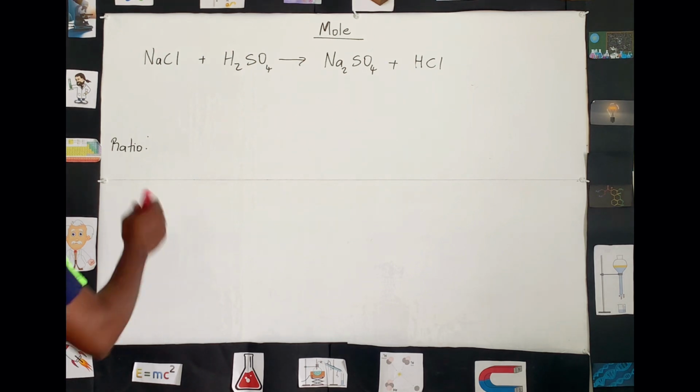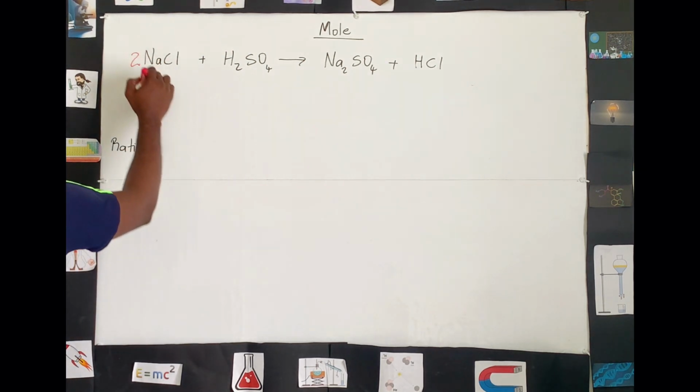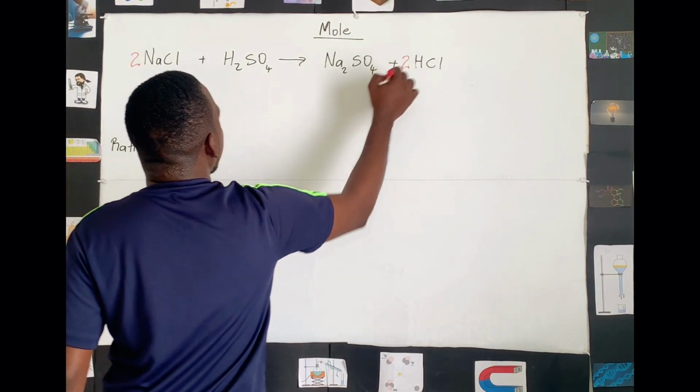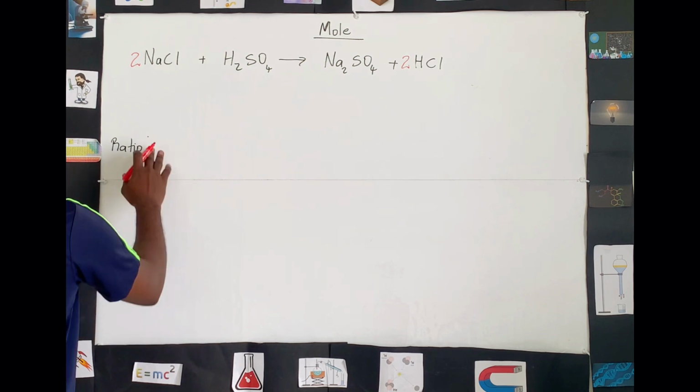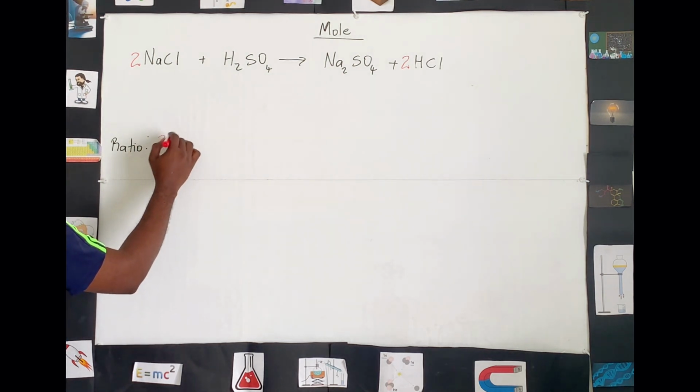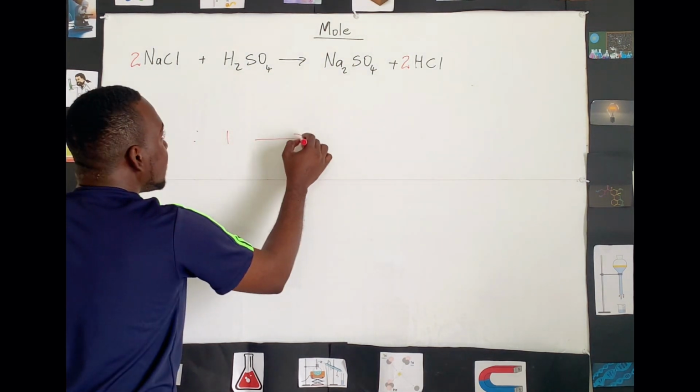So to balance this, we'll go 2 here and 2 here. Alright, so in this case, our ratio now would be a 2 to 1, so it would give us a 1 to 2 ratio.